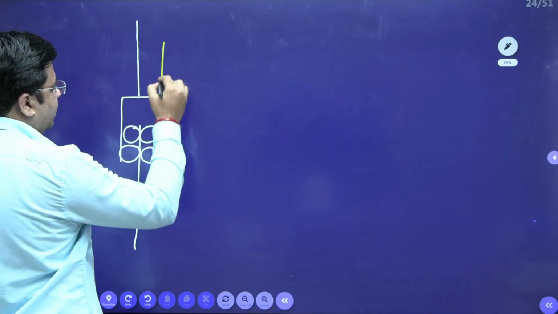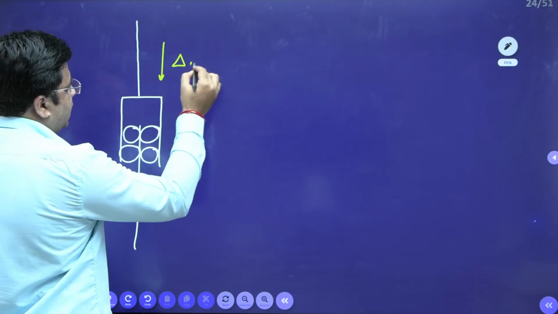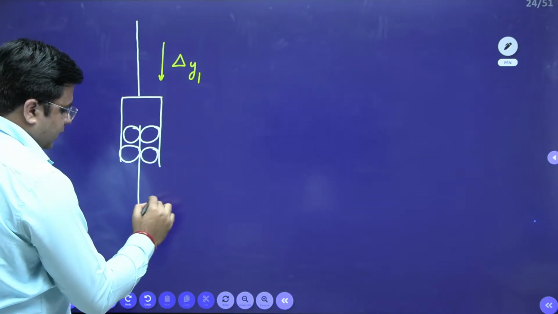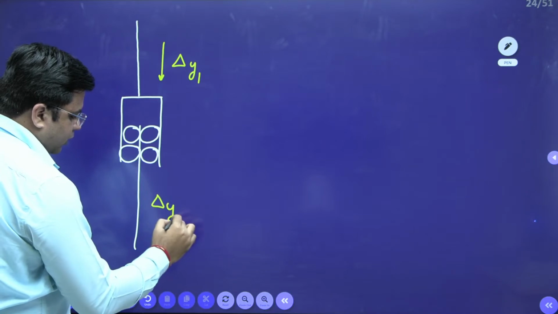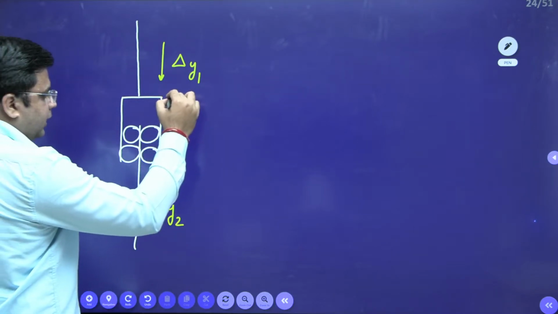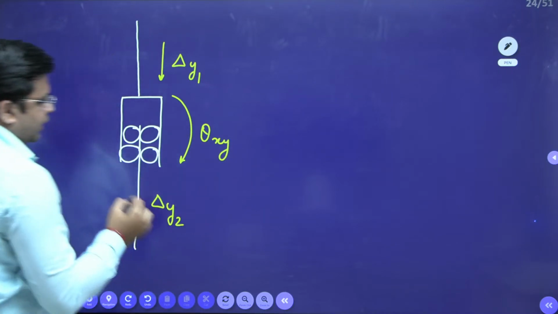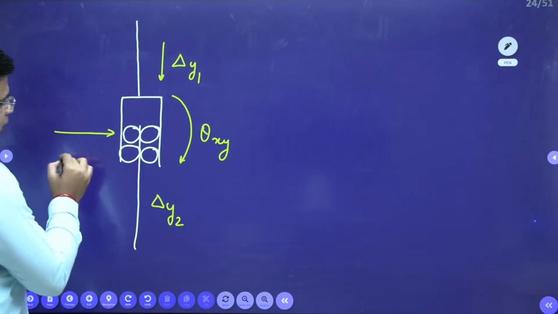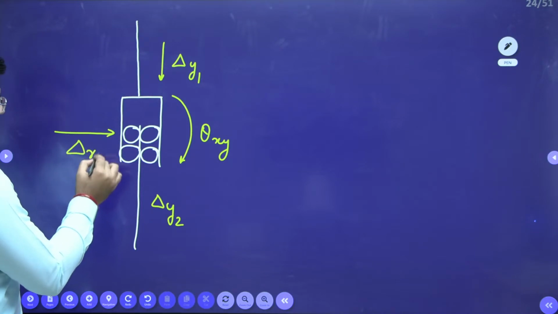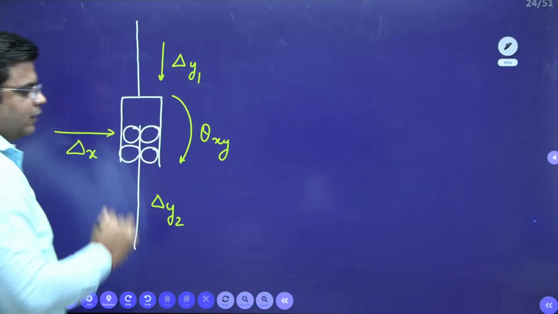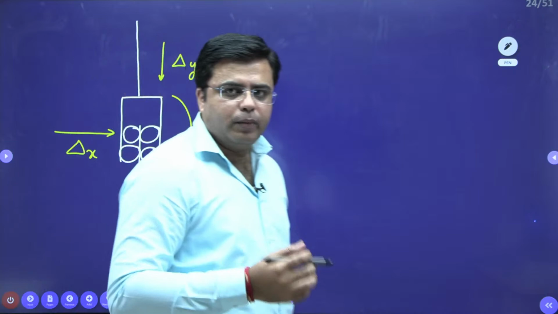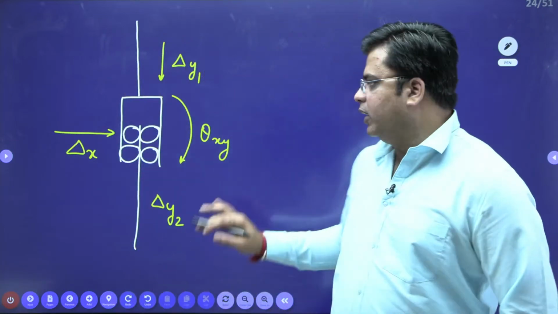This is my delta y1, this is my delta y2 for this member. Then I have theta xy, and next we have the translation movement like this, that is delta x, right? So these are the four different movements that are happening for a vertical shear hinge.